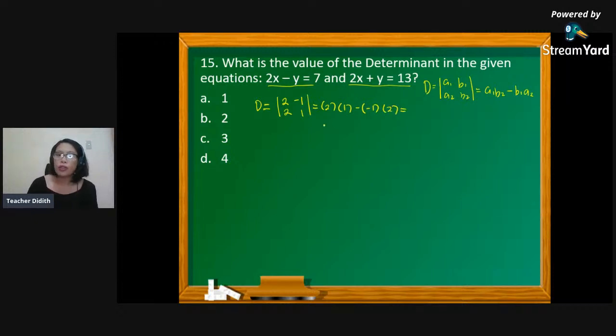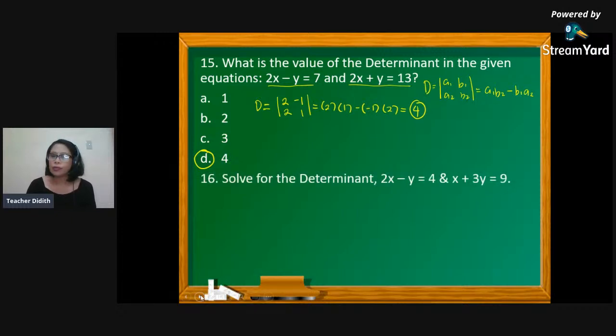So this is 2 minus negative 2. What's your answer, guys? Okay, correct. So this is 2 plus 2, so this is 4. So the answer is letter D. Correct. Again, determinant.